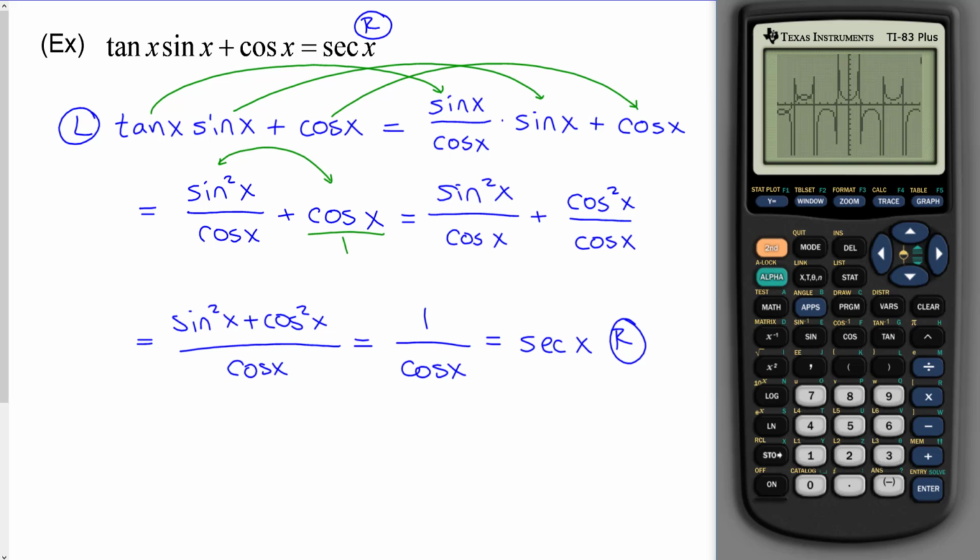Now look, it's not mapping the exact same set of points. So that means I did something wrong in that algebra, and I need to go back and check my steps. So you can verify step to step that you've done your algebra properly just by making sure the graphs look exactly the same from one step to the next.